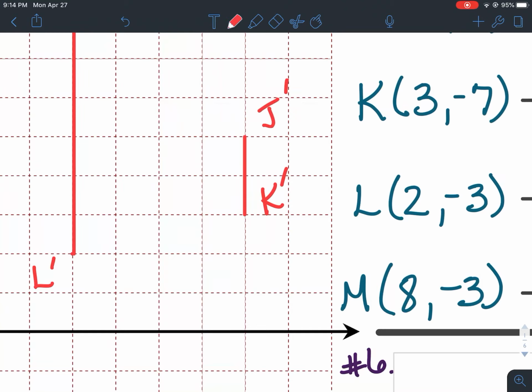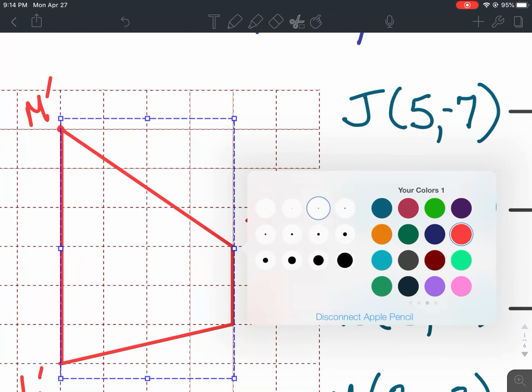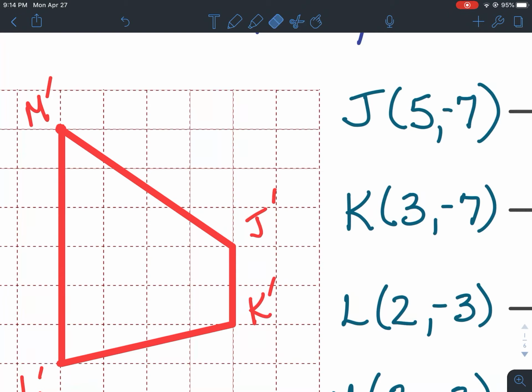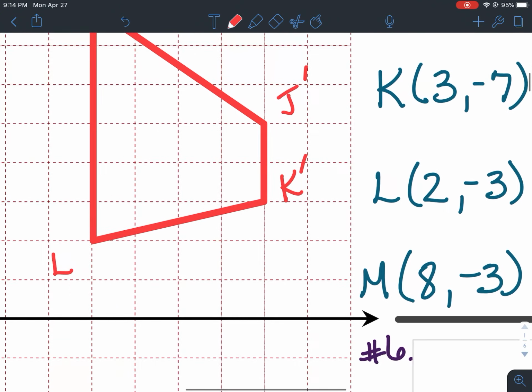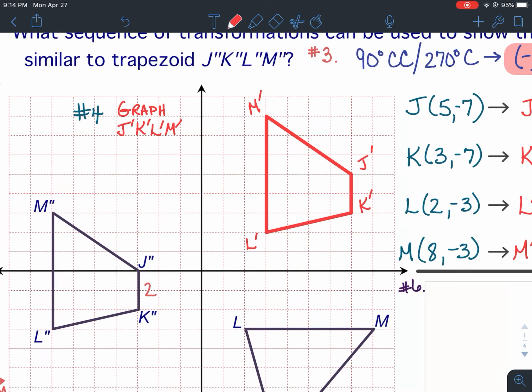Last thing I'm going to do is make them all the same size. Okay, so there is J prime, K prime, L prime, M prime. All right, so just pause your video and get your figure drawn.